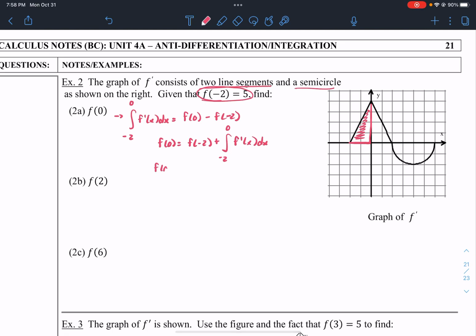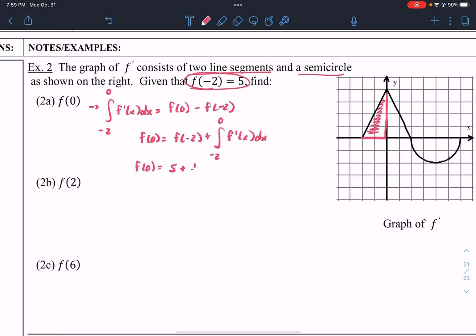So I'm going to say f of 0 equals 5 plus 1/2, base is 2, height is 4, which ends up yielding 9. So this is the value at f of 0. The idea is that I started at f of -2, and then I moved positively 4 units, and that's where I landed at the 9.